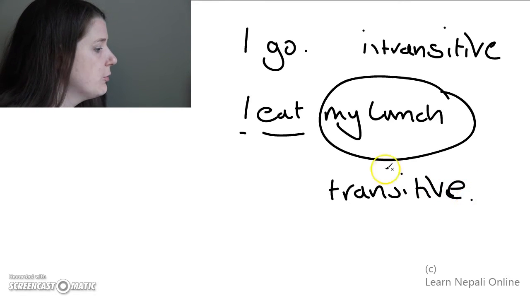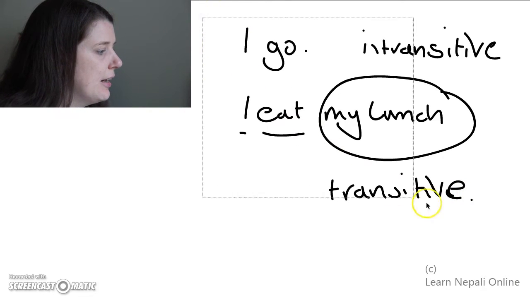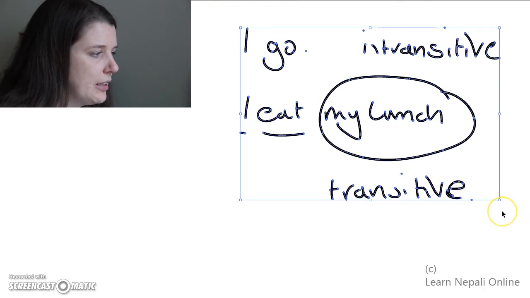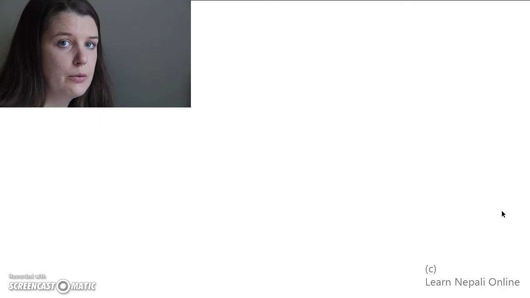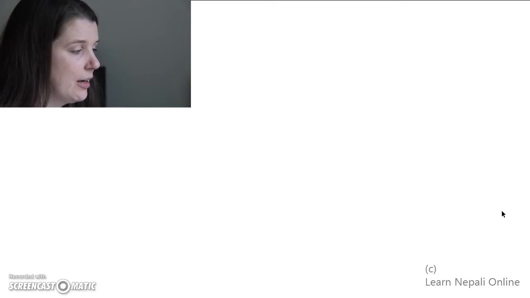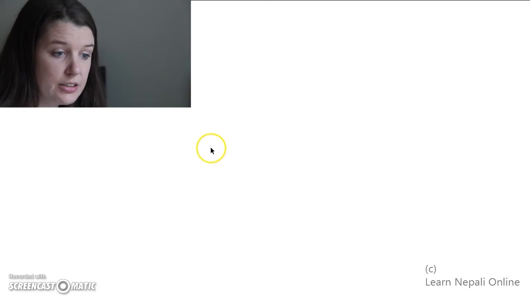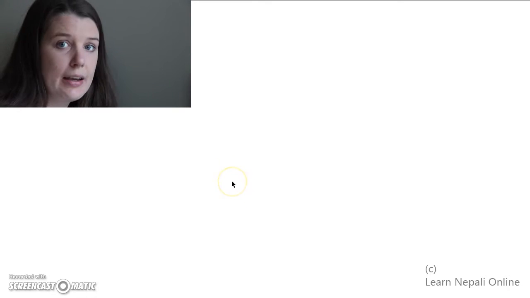Of course, you would also need to understand how to build the past tense, which I will not really be explaining here. I'll just assume you know that, and we'll just take the third person singular past tense to give an example. So now we take a Nepali intransitive verb first. Let's take the same. What did I just use? I go.